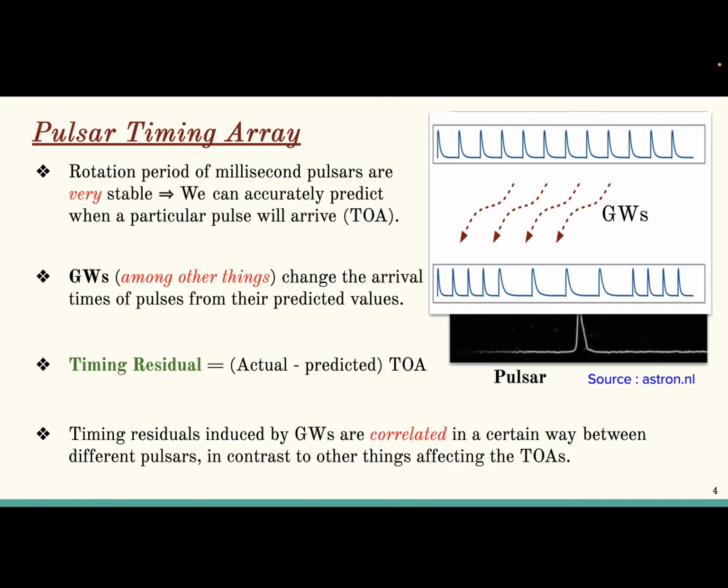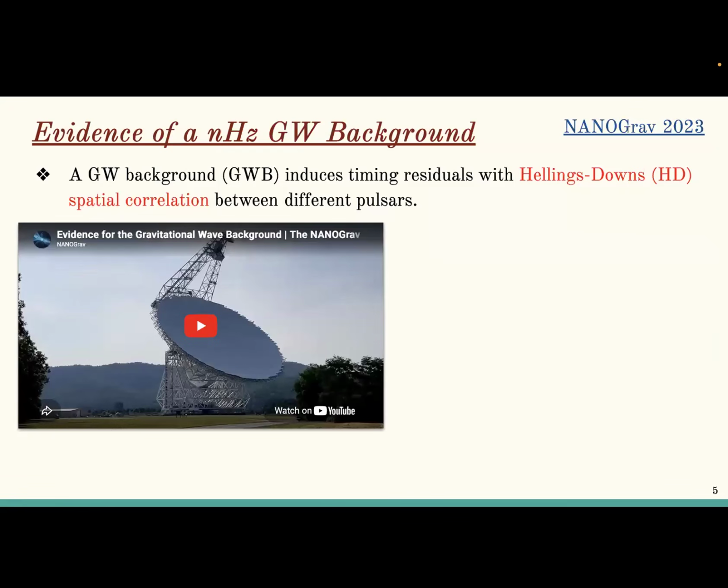But the other things that are affecting the TOAs, for example, intrinsic noise, the interstellar medium, and instrumental noise, should not be correlated between different pulsars. So this correlation is the smoking gun signature of gravitational wave detection. For example, if there is a gravitational wave background, then the background will induce a special correlation between different pulsars.